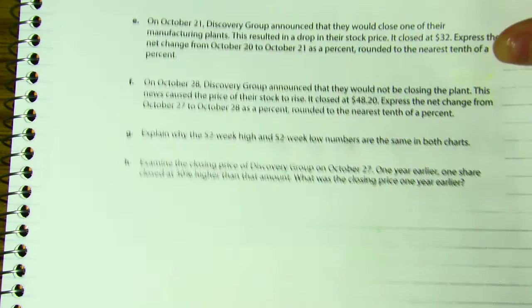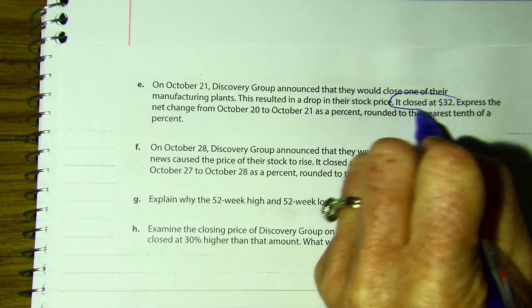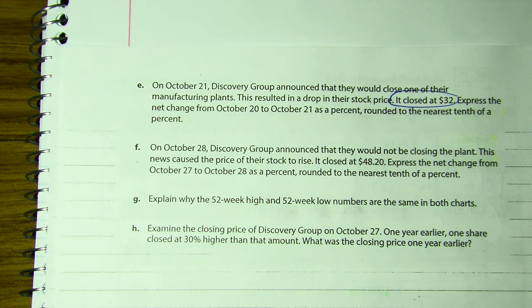Next part, on October 21st, Discovery Group announced that they were going to close one of their manufacturing plants. This resulted in a drop in their stock price, and it closed at $32. Express this net change from October 20th to the 21st as a percent.